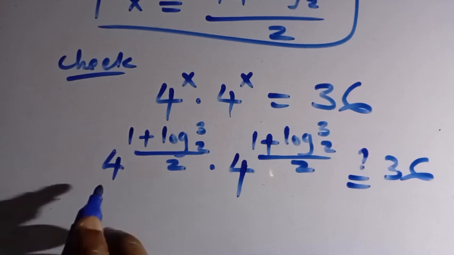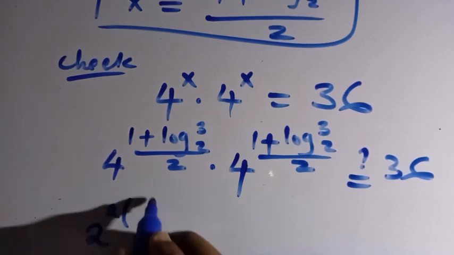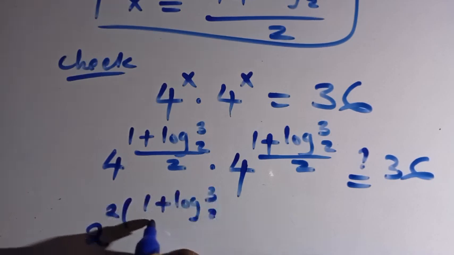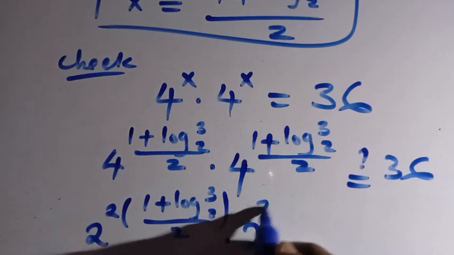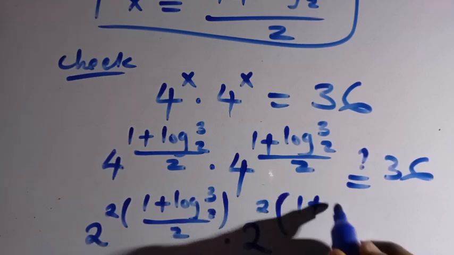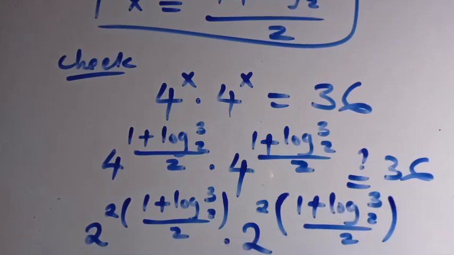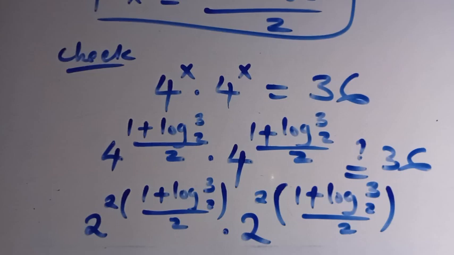Here we can write 4 as 2 power 2. Then we have 2 raised to the power 2 times (1 plus log 3 base 2) divided by 2, multiplied again by 2 raised to the power 2 times (1 plus log 3 base 2) divided by 2. We are to show that this equals 36.